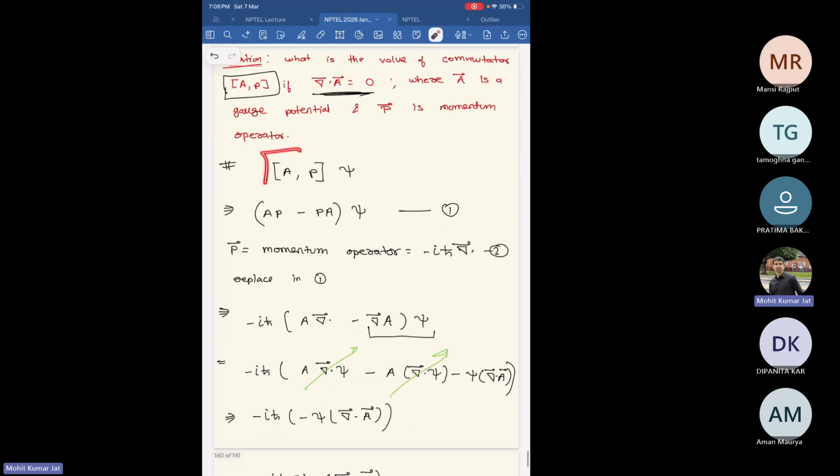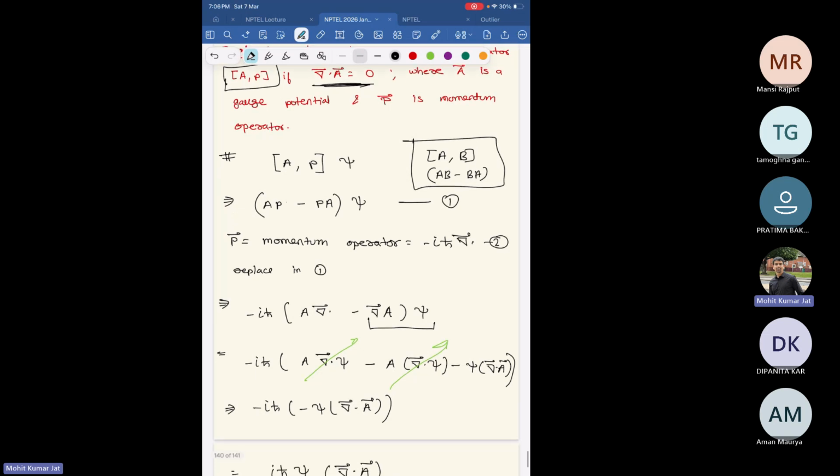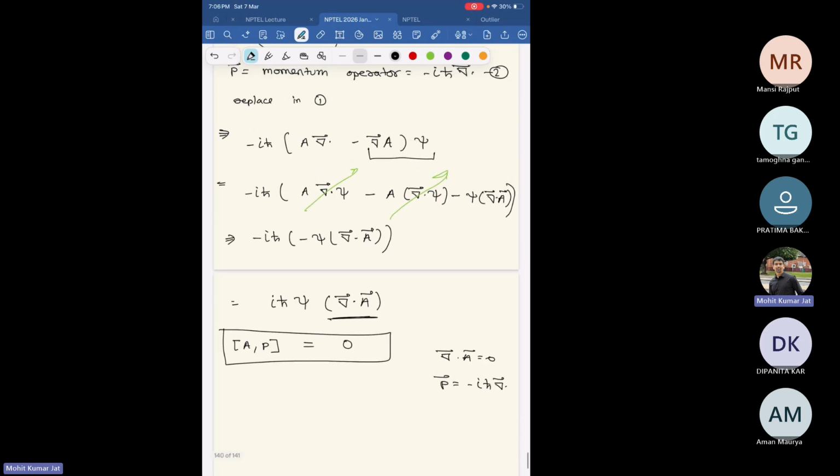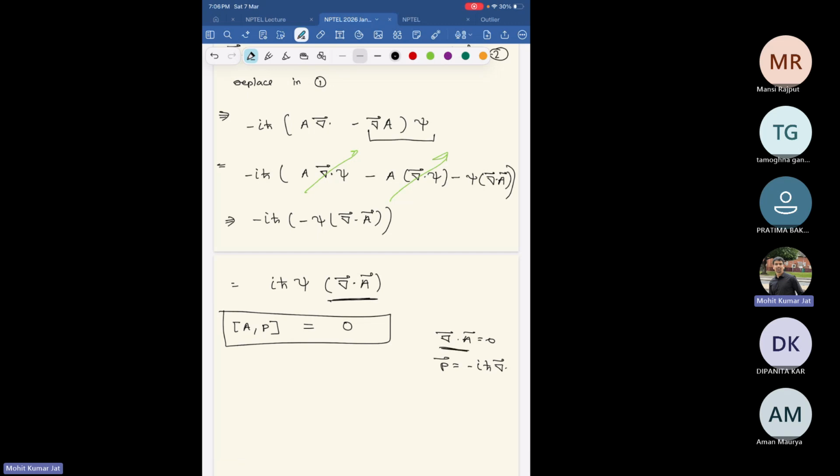So if we write the commutator as AP minus PA, the formula generally is, for AB, you write it like AB minus BA, the commutator. So that's what we did here. We wrote it like AP minus PA, and the P we then write as minus i h bar del by del x, and we solve it, and what we get is, for the given condition of divergence of A equal to 0, the output of this one is 0.